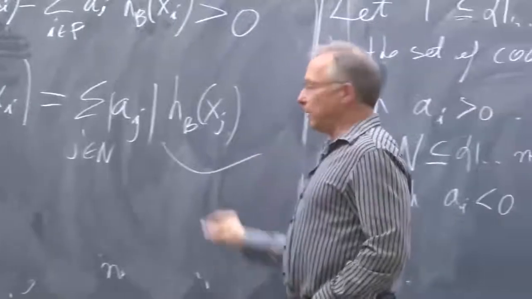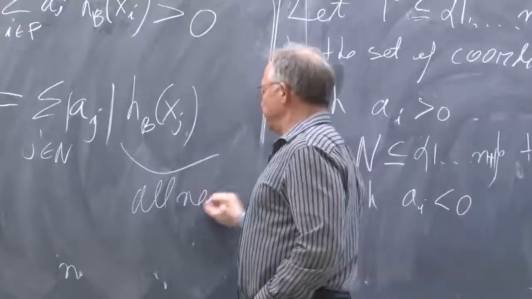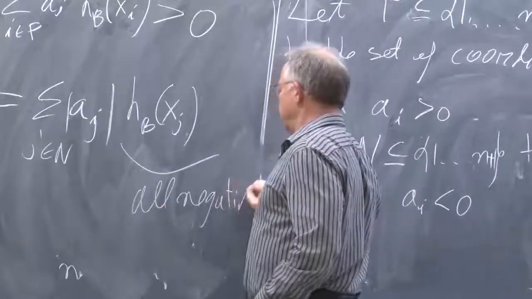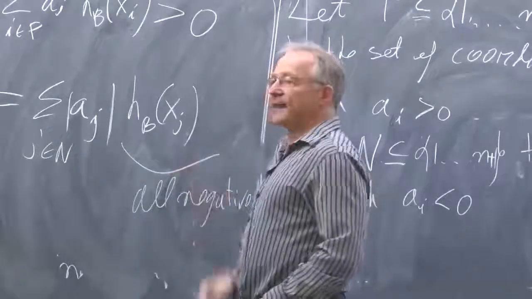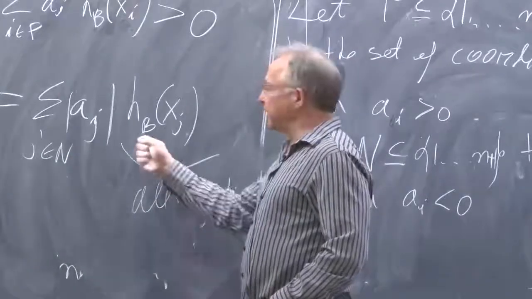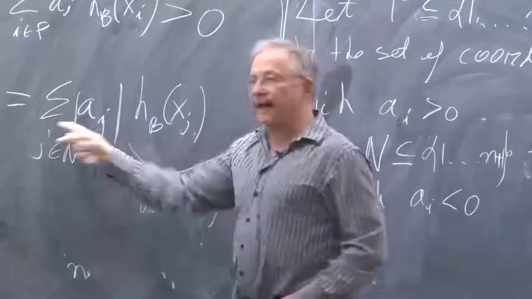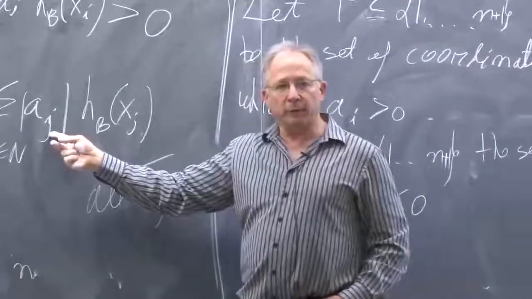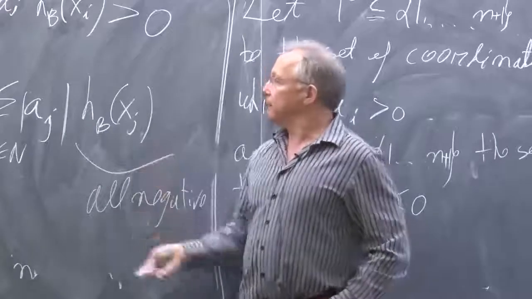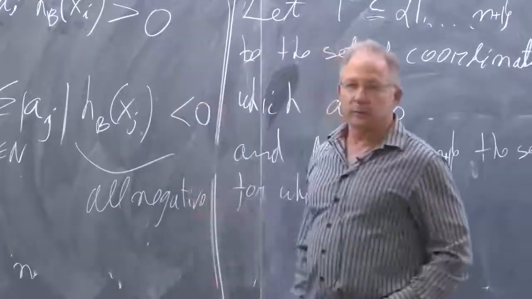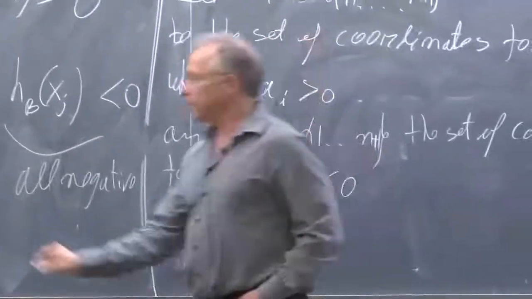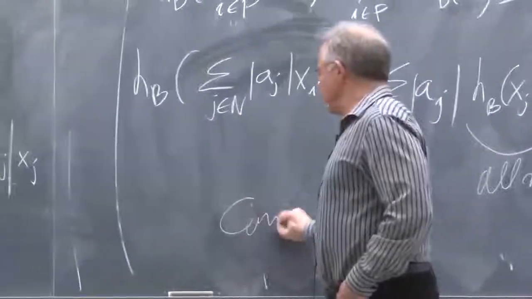Now they are all negative, because the points in N are outside B. For points outside B, I want to get negative. So I get a sum with positive coefficients of negative numbers. This should be less than 0. So now I got a contradiction.